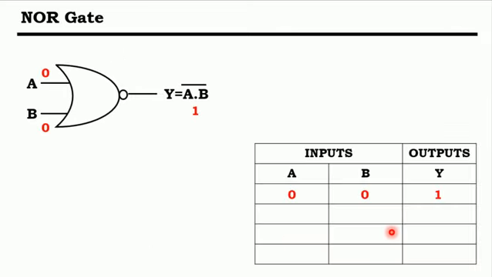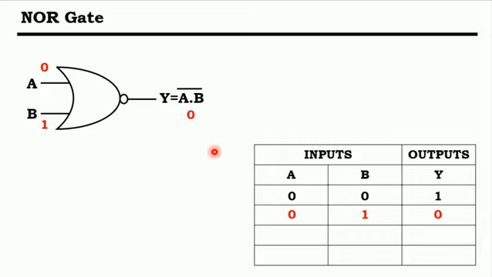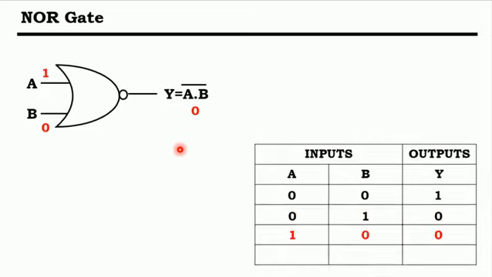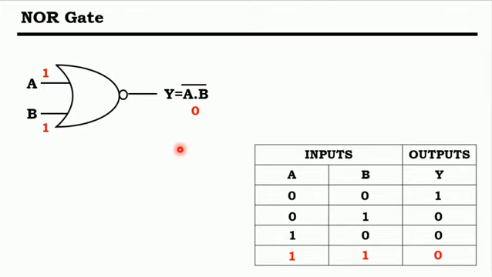Let's see how the truth table is achieved. Providing both inputs as 0, the output we get is 1. After that, input 0 1 gives output 0, input 1 0 gives output 0, and both inputs as 1 give output 0.